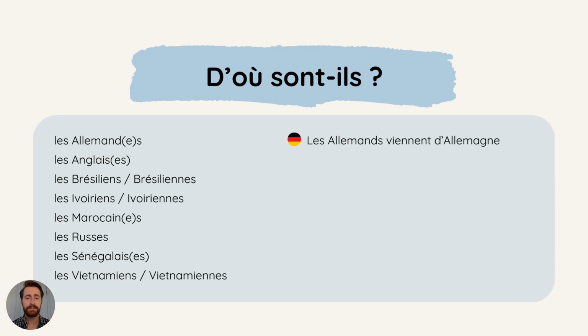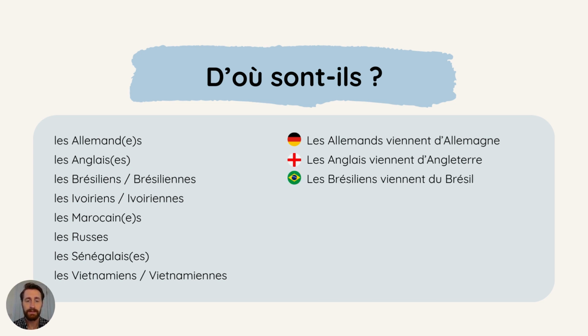Les Allemands viennent d'Allemagne. Les Allemandes viennent d'Allemagne. Les Anglais viennent d'Angleterre. Les Brésiliens viennent du Brésil.